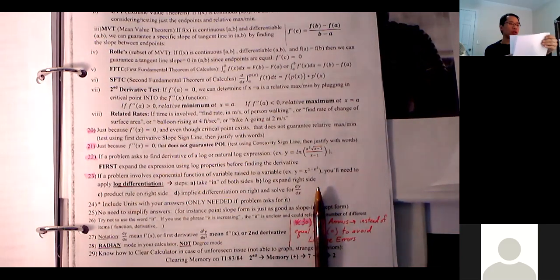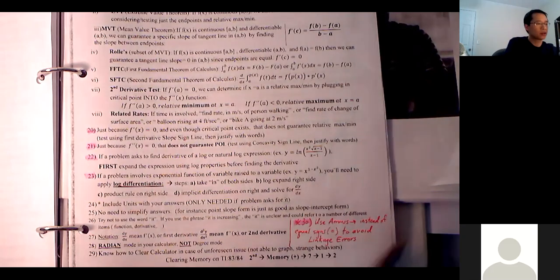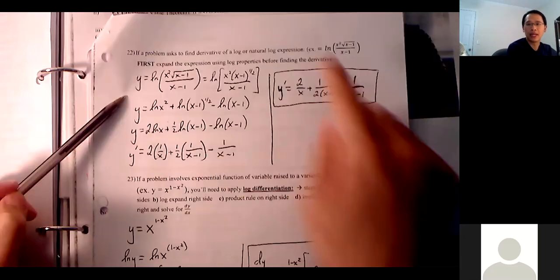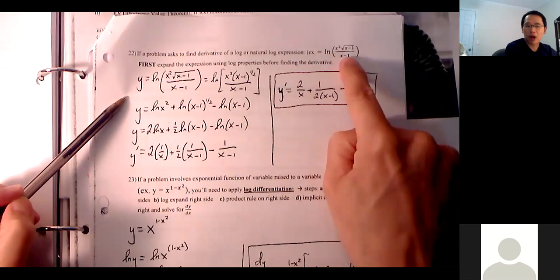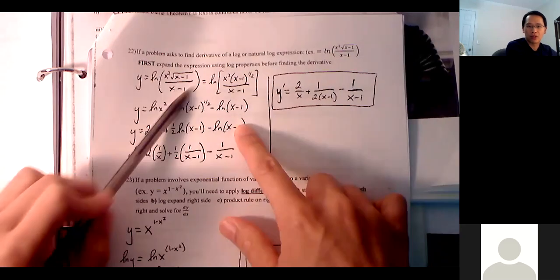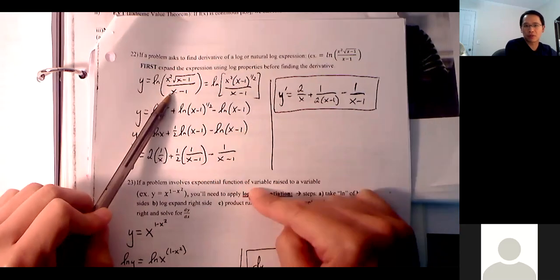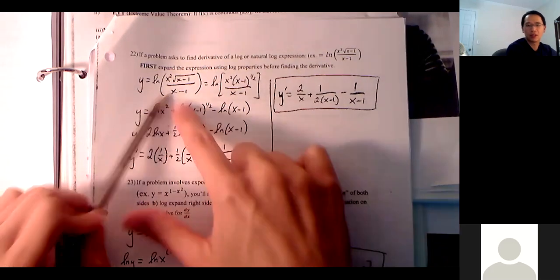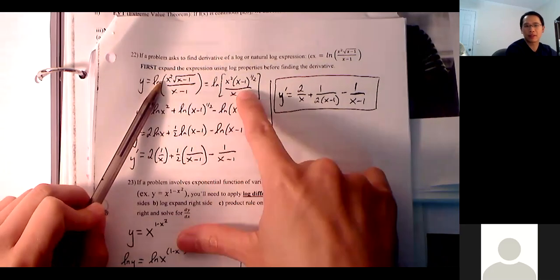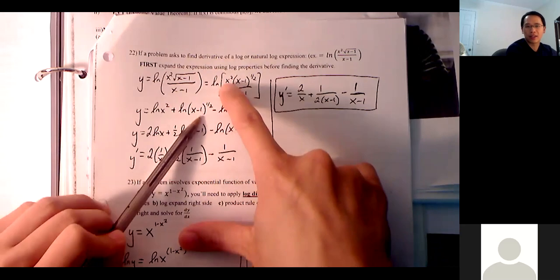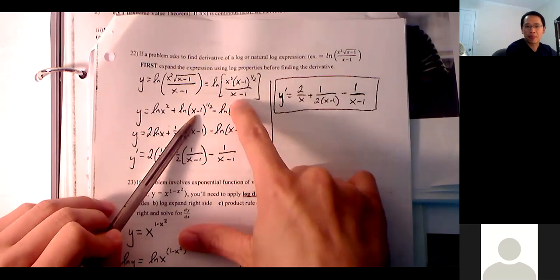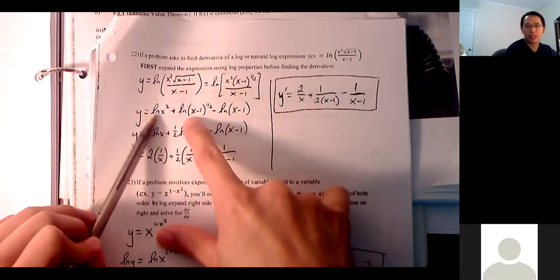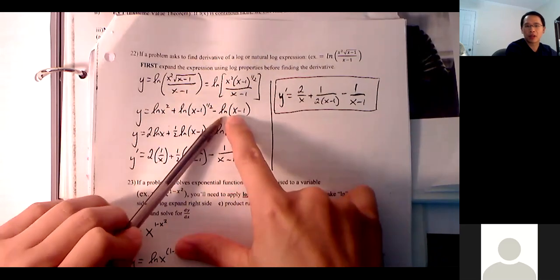I'll go through this quickly because you can go through this on your own, but we want to take advantage of log properties. So I have this whole mess. I don't want to go through a series of quotient, chain, and product rule, so I'm going to split everything up. I can think of this as A, B over C. Anything in the numerator, I can put a plus in between. Anything in the denominator, I can put a minus in between.